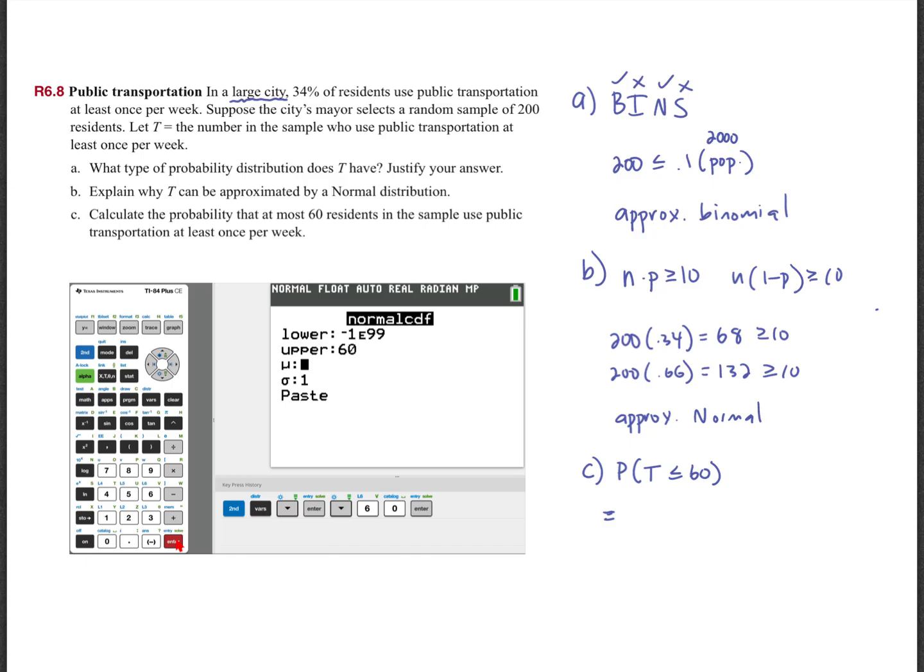Okay, since neither are given, and they have to be given for a normal distribution, but the fact that it's approximately binomial, we can use the formulas for binomial. For binomial, the mean is n times p, which is 200 times 0.34, which is 68.